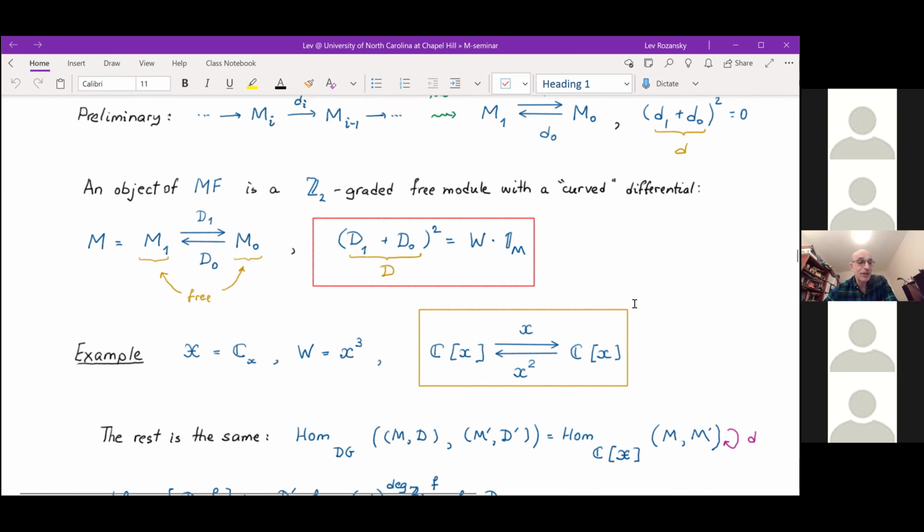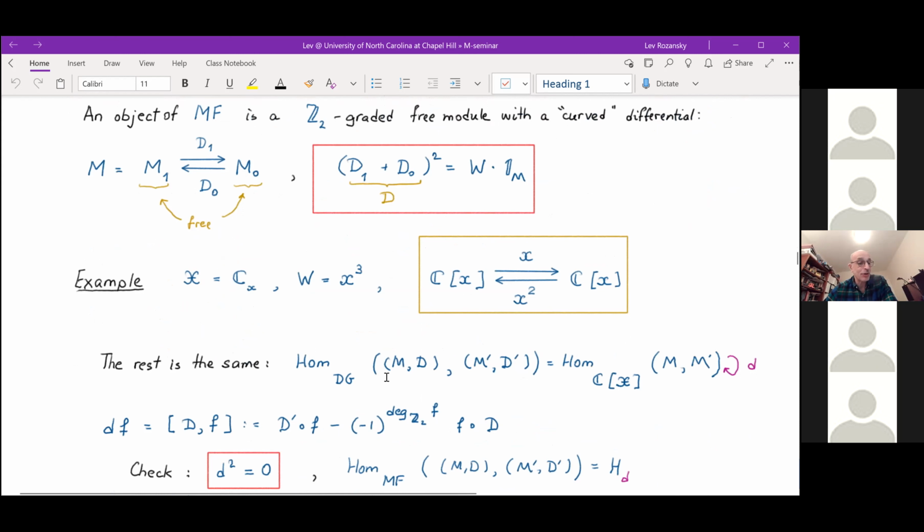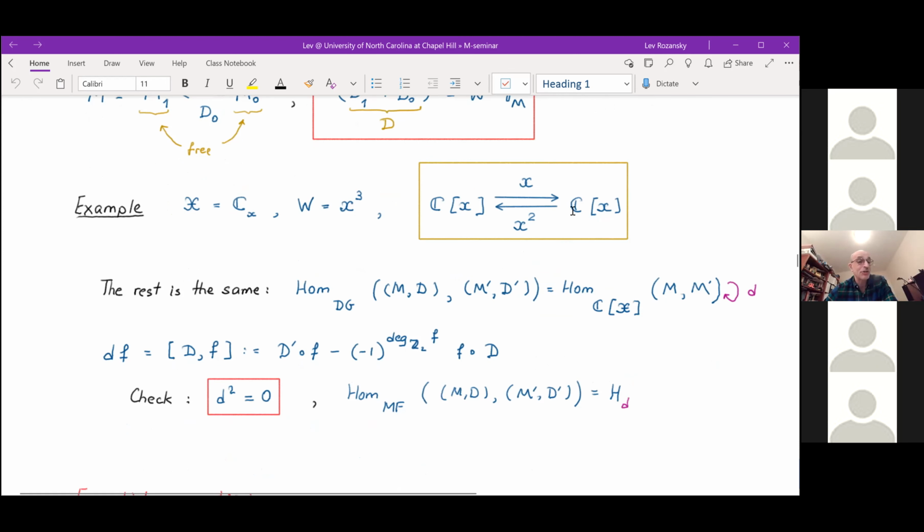The rest of the story is the same. So although the differential here doesn't square to 0, nevertheless, if you consider Hom between two matrix factorizations, consider Hom between the modules M1 plus M0 just as modules over the algebra C[x], it will have a genuine differential defined as usual as a commutator with the inner differential of complexes.